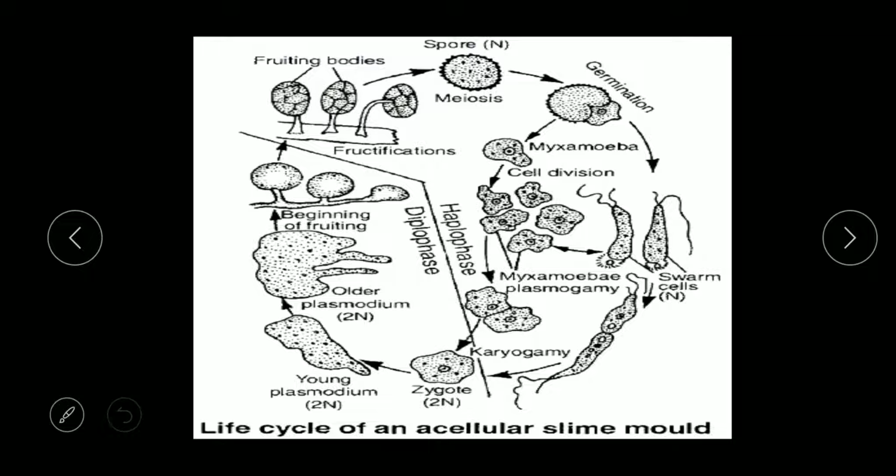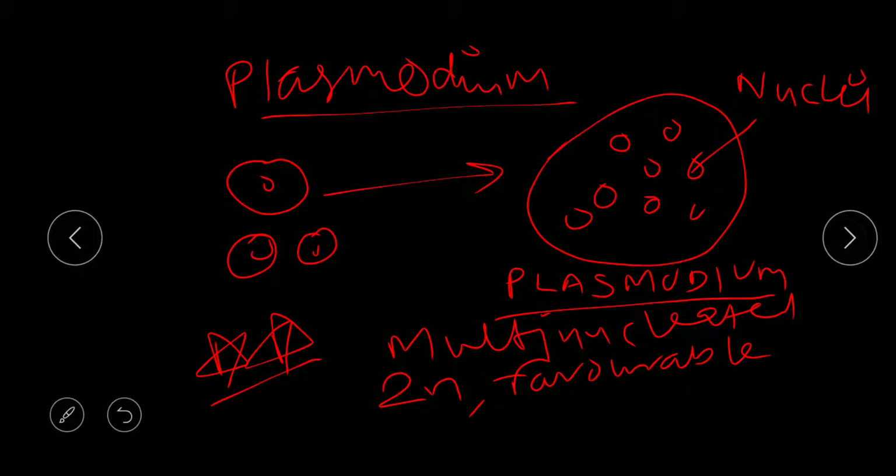Now, slime molds are of two types: acellular slime mold and cellular slime mold. We will discuss the life cycle of each one by one. In the acellular slime mold, a young plasmodium forms from the zygote. In the zygote, karyokinesis will occur, so by this process plasmodium can form, and from amoeboid cells also.